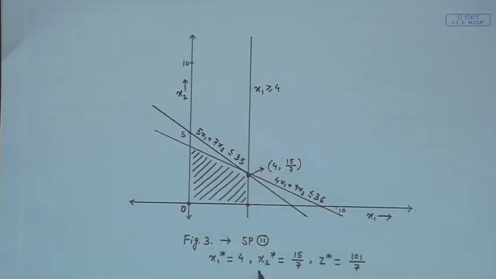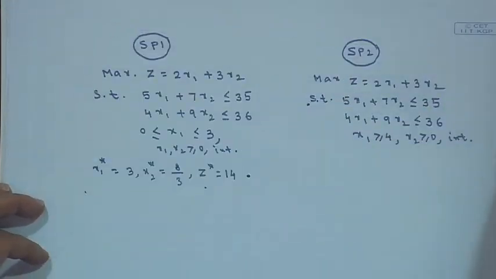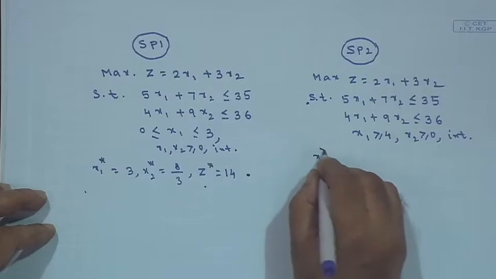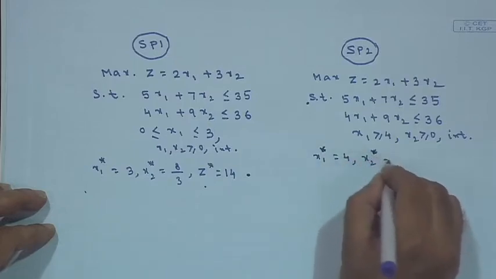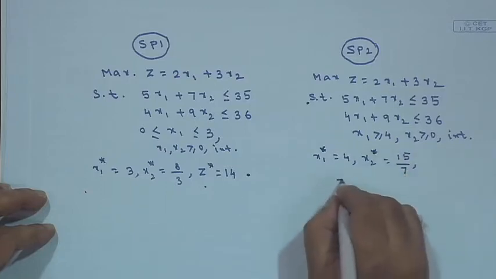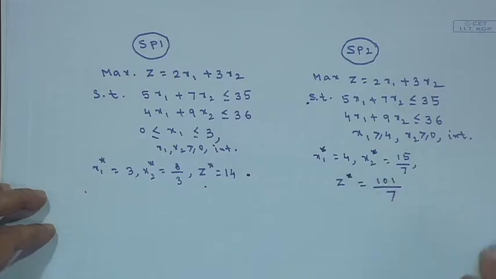So, for this case your solution is x1 star equals 4, x2 star equals 15 by 7, and z star equals 101 by 7.